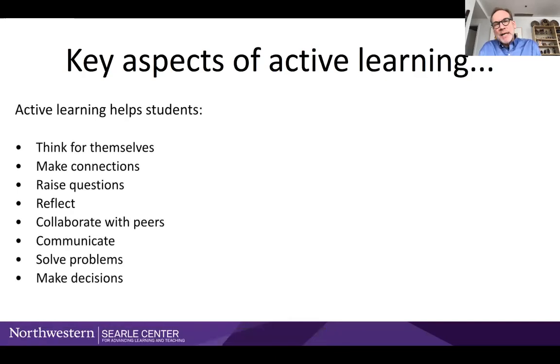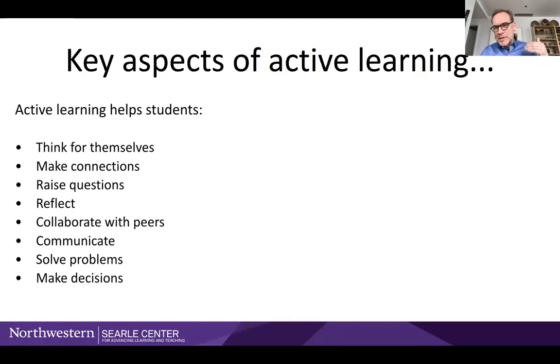I want to take a quick segue into active learning because, of course, a lot of what we talk about in both asynchronous and synchronous settings, whether in person or online, has to do with creating active learning, again, from a social constructivist place of learning and teaching. Active learning are modalities and pedagogies that you use that help students think for themselves, help them make connections, help them raise questions, help them dig into things to reflect deeply on the content or the ideas or the conflicts that you present them with.